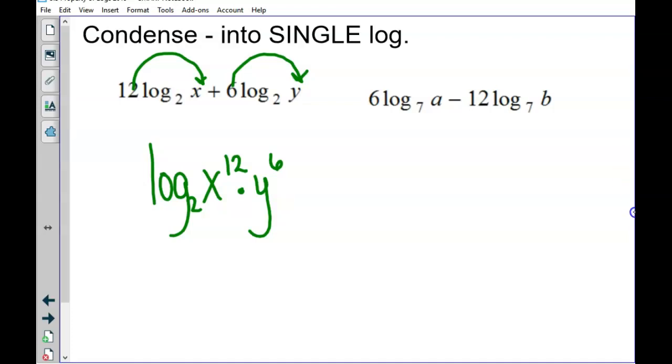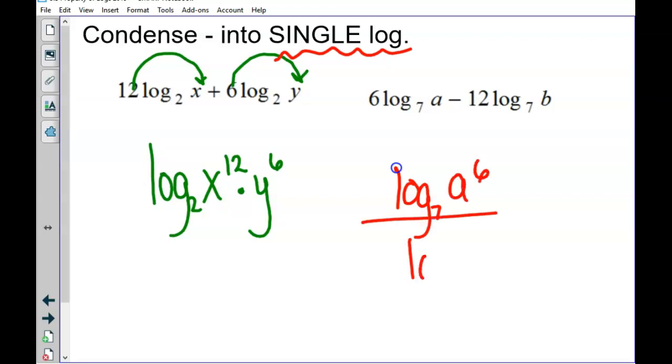The thing students struggle with sometimes is when they're all done, they forget there can only be a single log. I often get this. Okay? Does everyone understand why that's not correct?